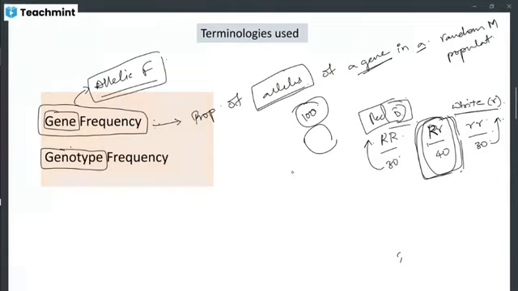So how do you define then the genotype frequency? So one told that the proportion of alleles of a gene in a random mating population is your gene frequency. Okay, so how would you define genotype frequency?